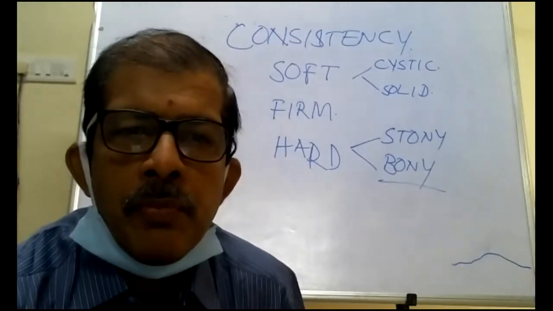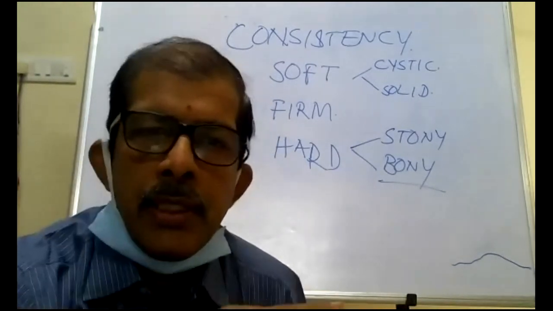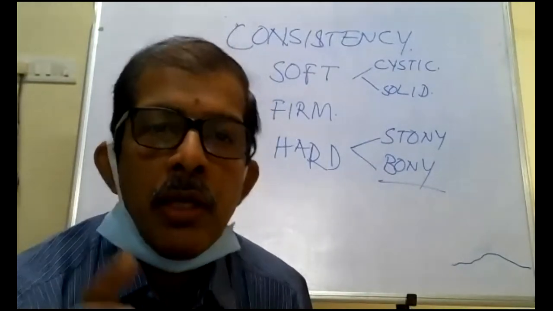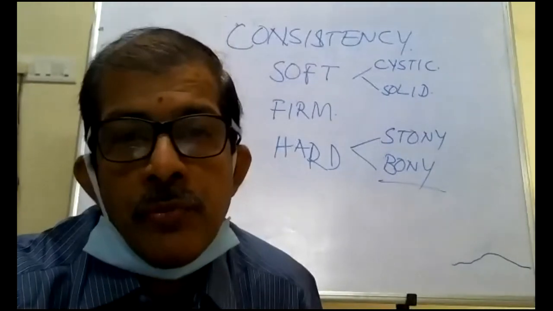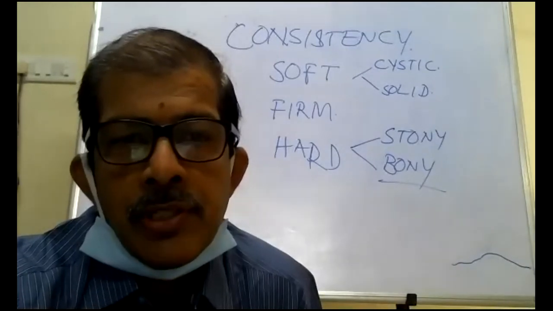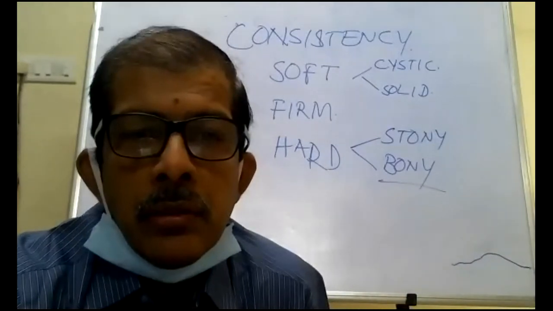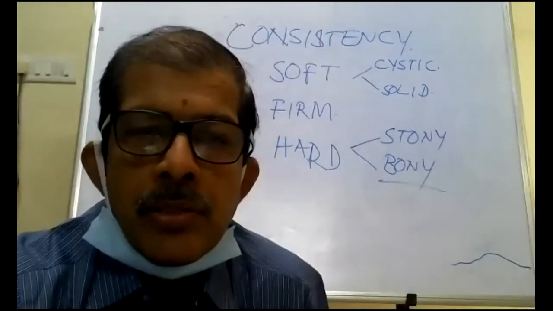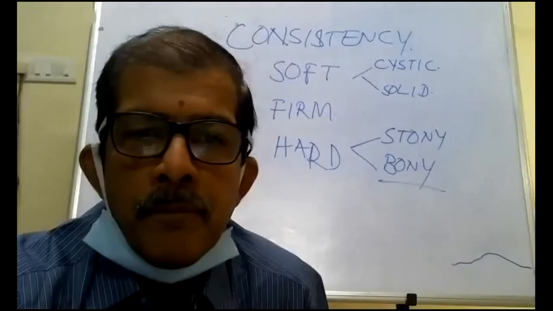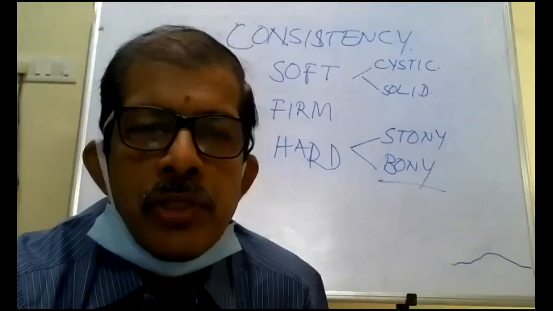True fluctuation should be present in both directions, both vertically and horizontally. But sometimes even normal tissues can be fluctuant in one direction. Example also I'll tell you, but first tell me, what is that fluctuation called? Already I have given a tip also. What is actual fluctuation is called, I told you. So you can tell me. Fluctuation in one direction, what fluctuation do we call?